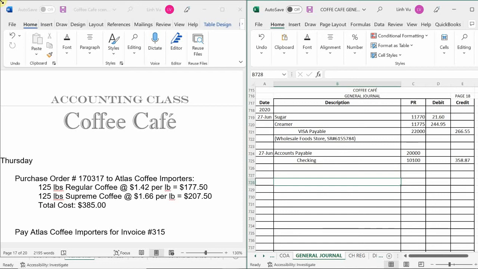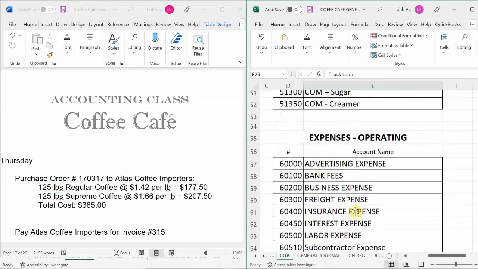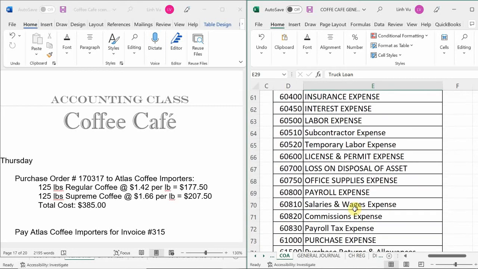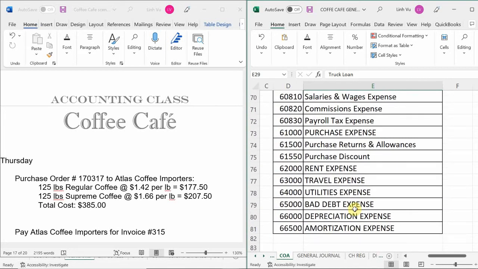It will come out okay on the trial balance. But is purchase discount the correct account to use? Probably not. Where's my chart of accounts here? Okay, purchase discounts there. We went through this the last one, and I don't remember, so give me just a second to find where our discount is.